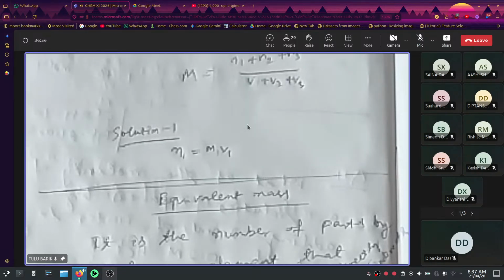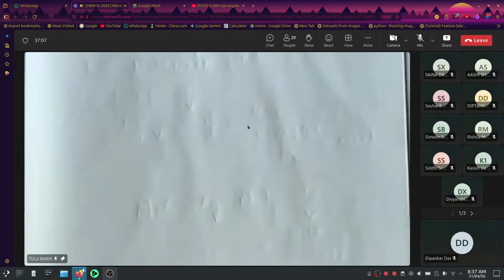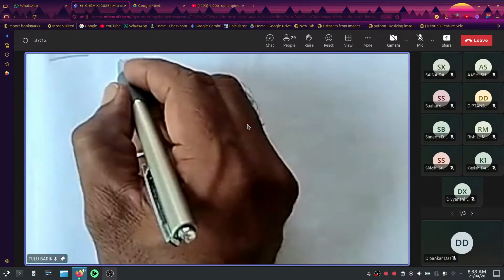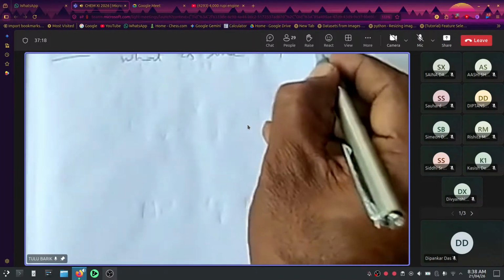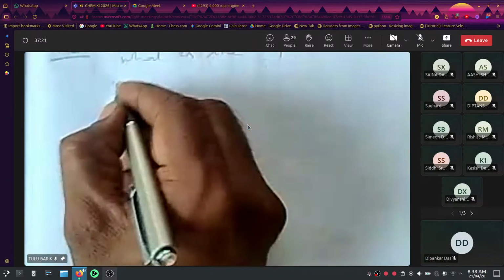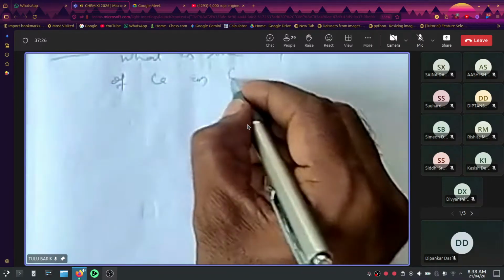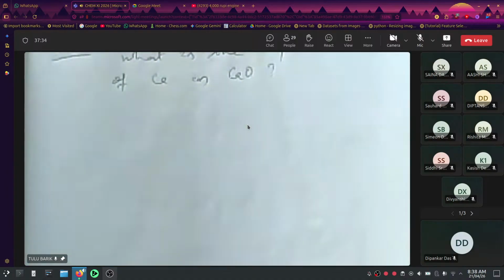So using this definition, let us understand the meaning of equivalent mass. Write one question on this. Question 1: What is the equivalent mass of calcium in CaO? Okay, let's note down the question.